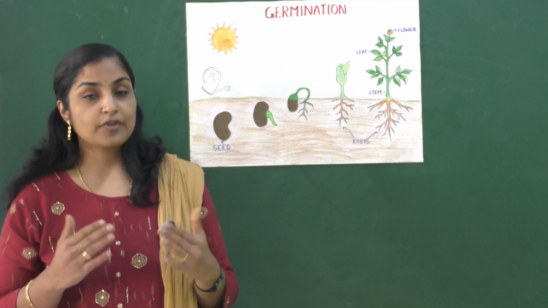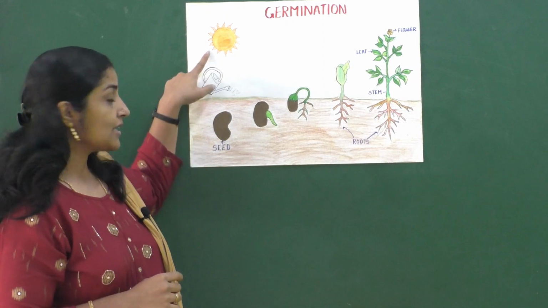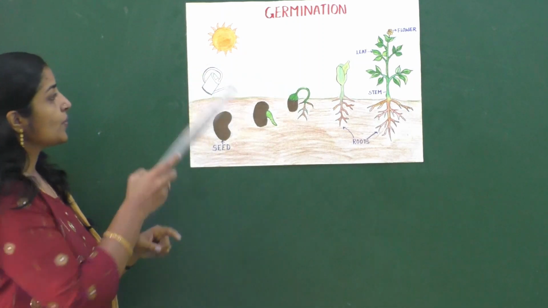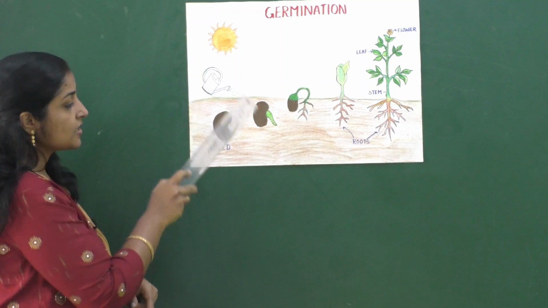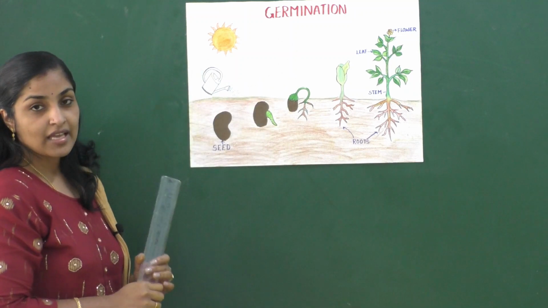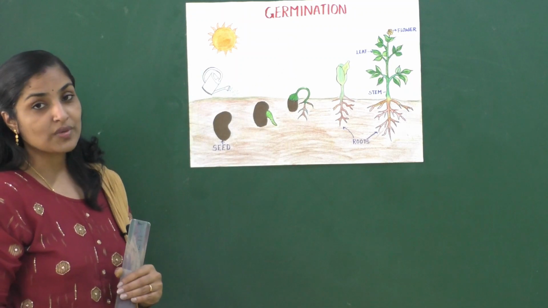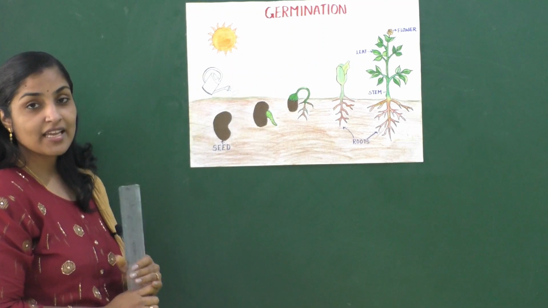A plant grows from a seed with the help of sunlight, water, soil, and air. And this process is known as germination. Okay?